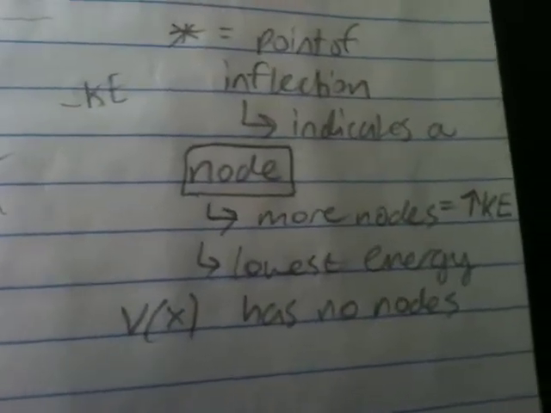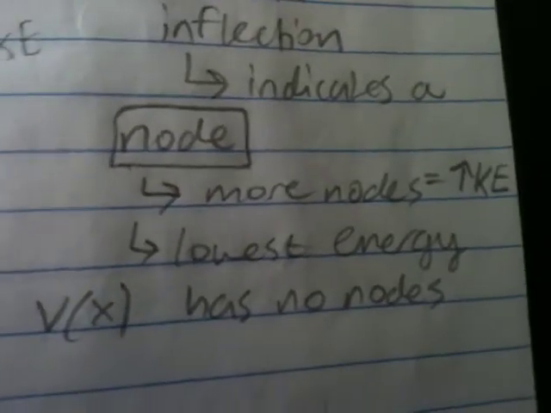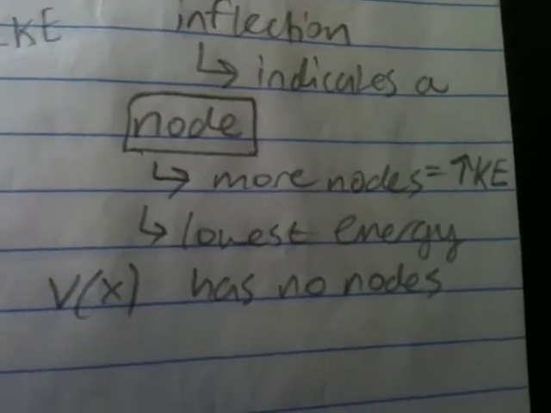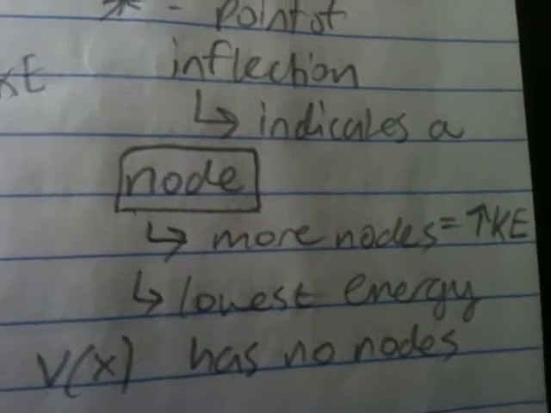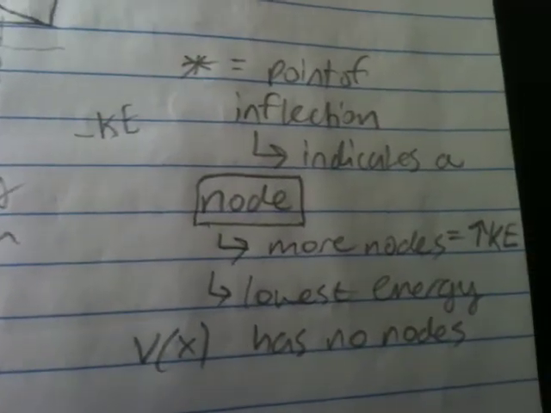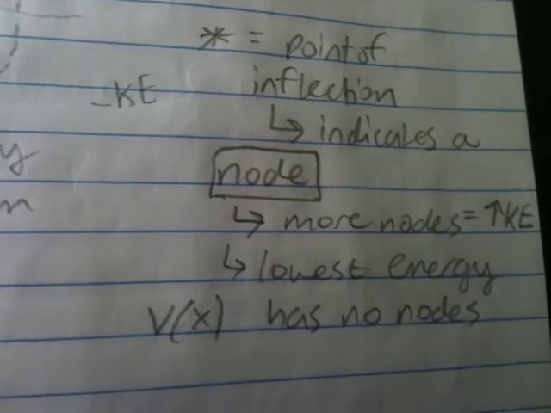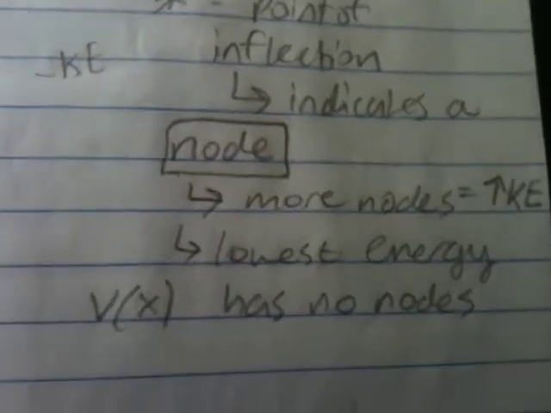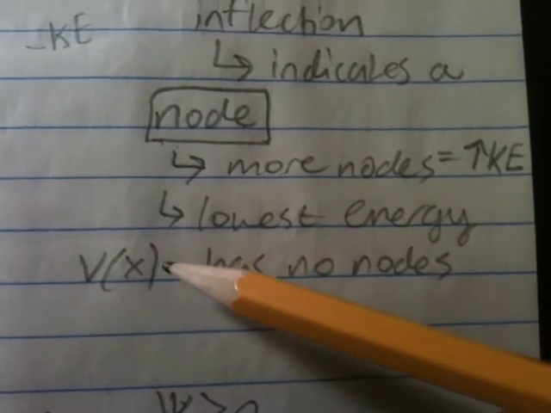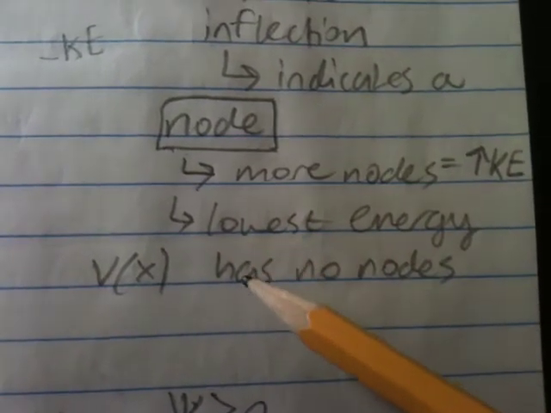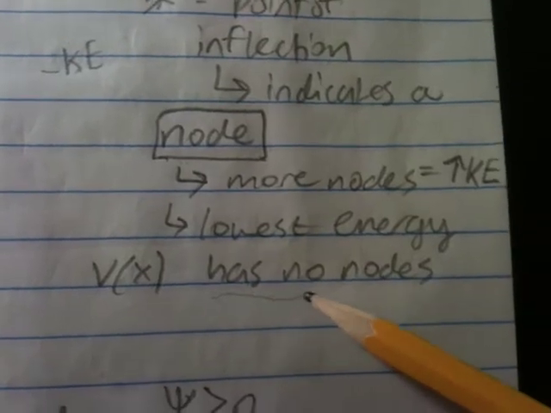Well, interestingly enough, the more nodes there are, the higher the kinetic energy. And the more nodes, the more energy you're going to have. Therefore, when we're talking about the lowest energy state of some function, the lowest energy state has no nodes.